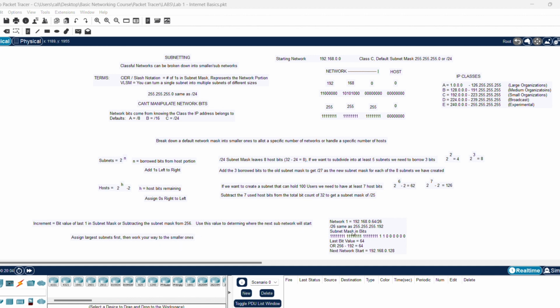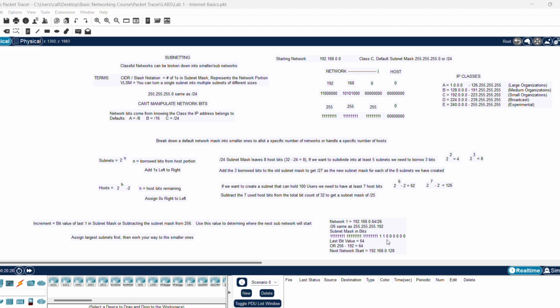So for example, if we had a network 1 of 192.168.0.64/26, that /26 is going to be the same as 255.255.255.192. So that subnet mask in bits is going to look like this. You'll have 26 bits, and then you'll have 6 host bits.